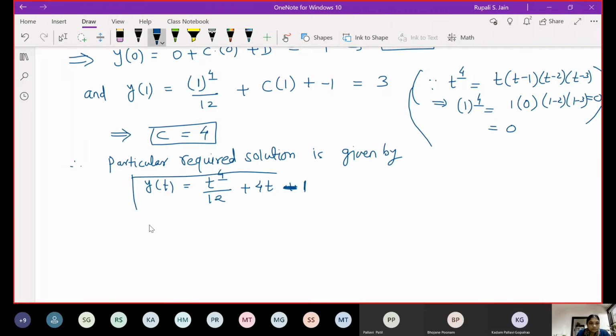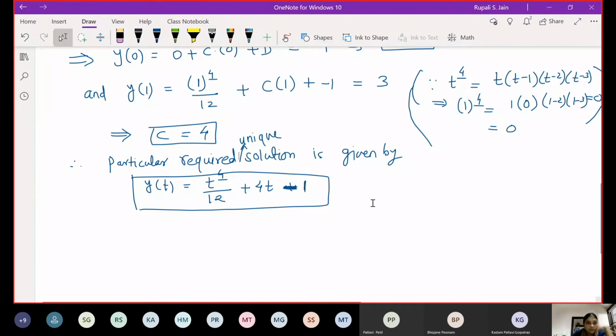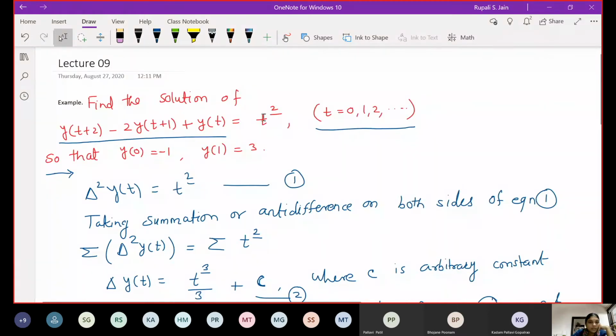Yes, ma'am. T to the 4 falling divided by 12 plus 4t minus 1, which is my required particular solution, or the unique solution also you can say. Unique solution of the given boundary value problem. Is that okay?